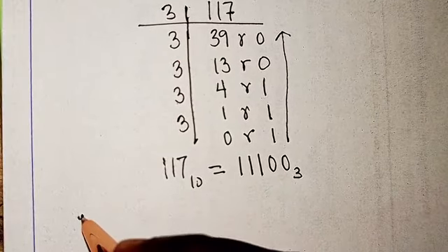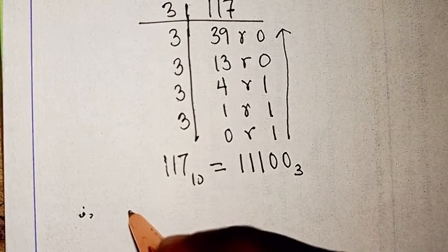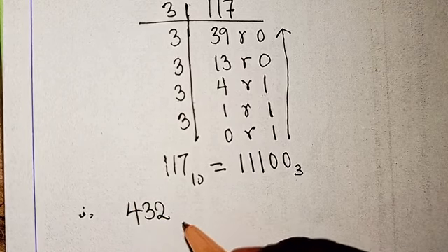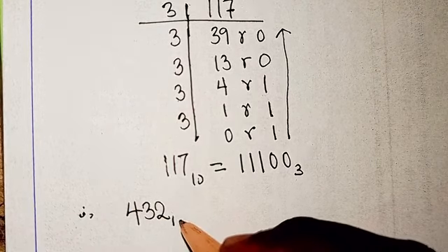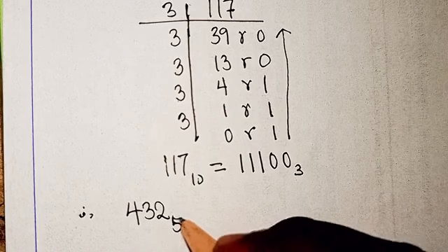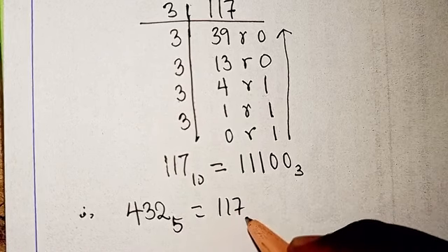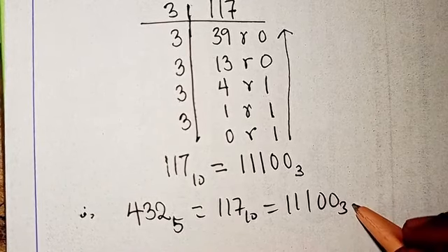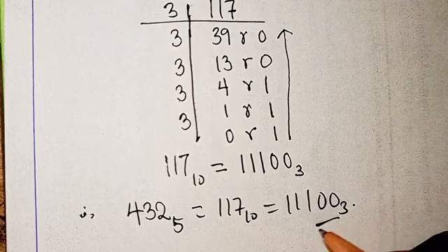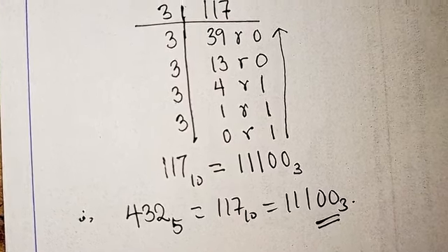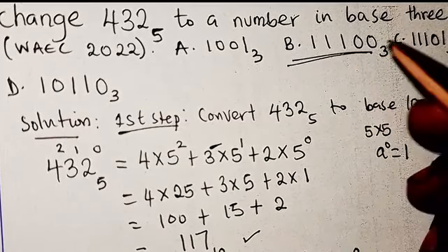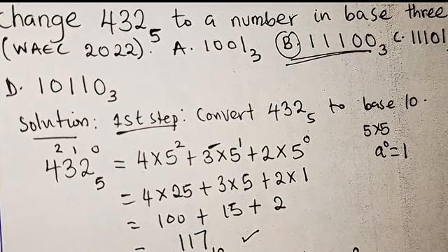So in conclusion, 432 base 5 is equal to 117 base 10, which is the same thing as 11100 base 3. That is the solution. Now let's check the options up there. You can see that option B is the answer.